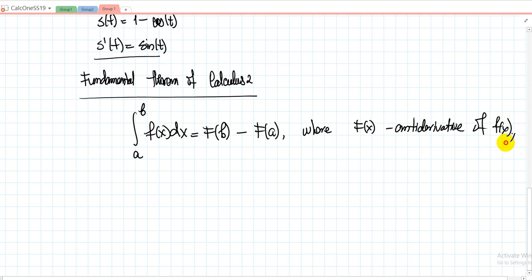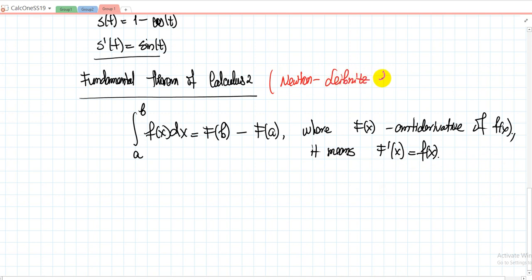It means that the derivative of big F is equal to small f. Sometimes we call this theorem the Newton-Leibniz formula, theorem or formula.